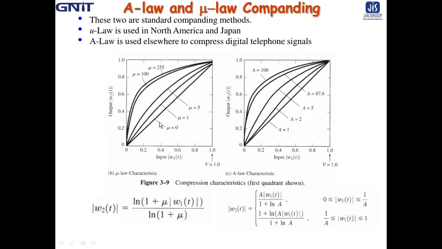It starts from mu equal to 0, minimum value 0 and maximum value 255. Initially, for mu equal to 0 and 1, the curve is a straight line, and as mu increases, the curve becomes almost logarithmic.